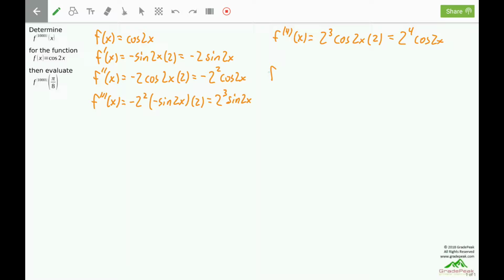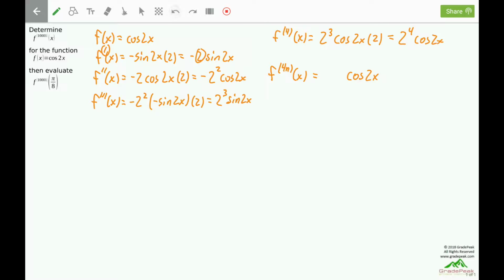We want to try to find a pattern result here. Now, every fourth derivative, I can see it's returning to a positive cosine of 2x, but it also has a coefficient in front of it, and we'll want to determine what that coefficient is. Well, it's certainly positive, but the first derivative has a 2, the second derivative has a 2 squared, the third derivative has a 2 cubed, the fourth derivative has a 2 to the 4th. And therefore, the 4n derivative will have a 2 to the 4n.